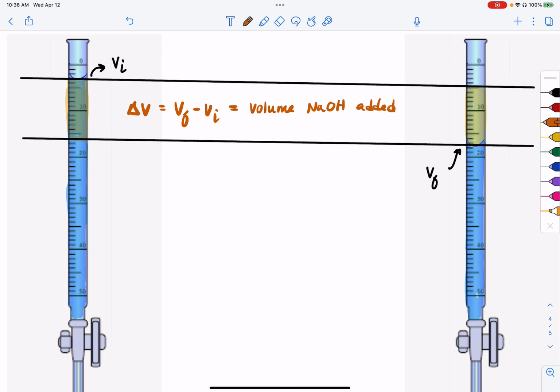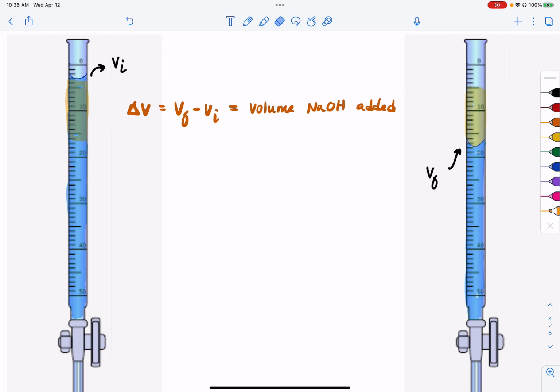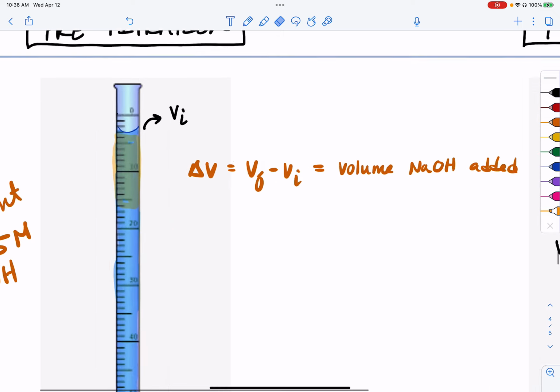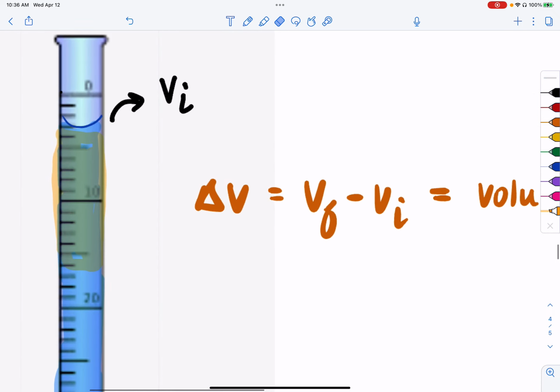So now I am going to erase these black lines so we can do our best to obtain some kind of initial and final reading. So let's zoom in over here on the initial volume. Looking at my volumetric markings, 0, 1, 2, 3, 4, this is 5 mL, this is 10 mL, so every marking is 1 milliliter, meaning I can approximate down to 1/10 of a milliliter.